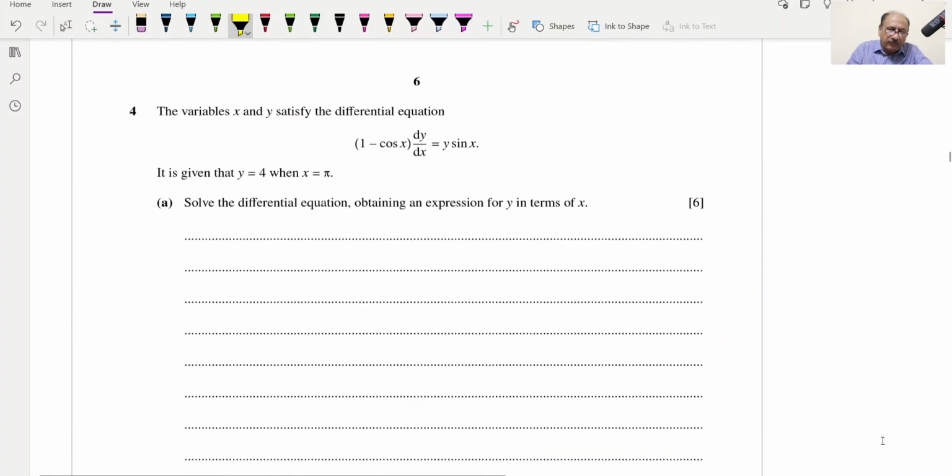Now question number 4, a variable x and y satisfies the differential equation, and this is the differential equation. It is given that y is equal to 4 when x is equal to pi. So solve the differential equation obtaining an expression for y in terms of x.